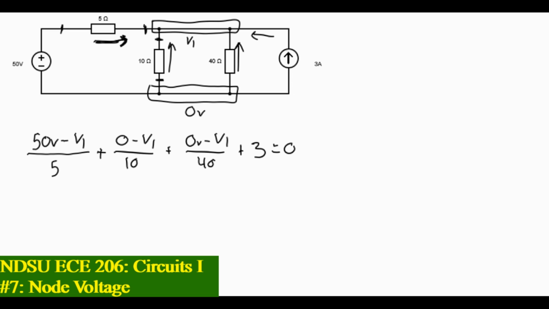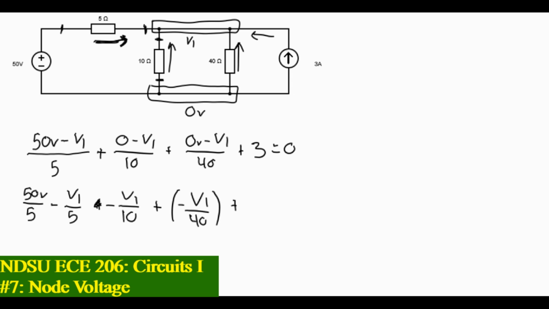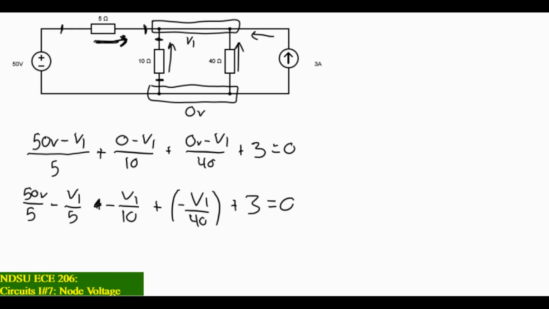Let's go through it. All right, what do we got here? Let's separate these terms. 50 volts over 5 minus V1 over 5 plus 0 over 10. That doesn't make much sense. Let's just leave it out. Actually, minus V1 over 10 plus minus V1 over 40 plus 3 equals 0.